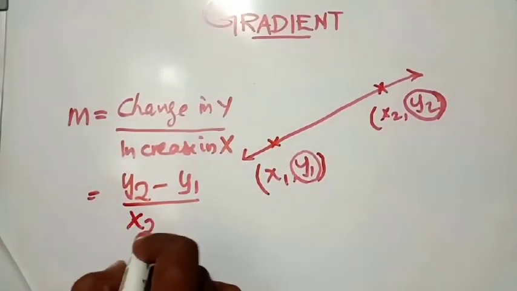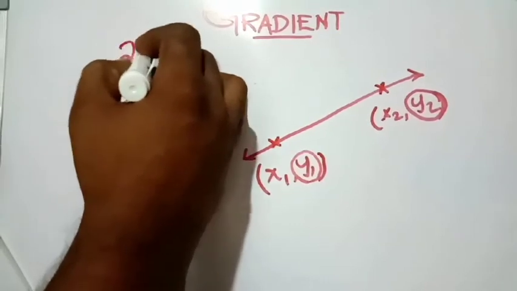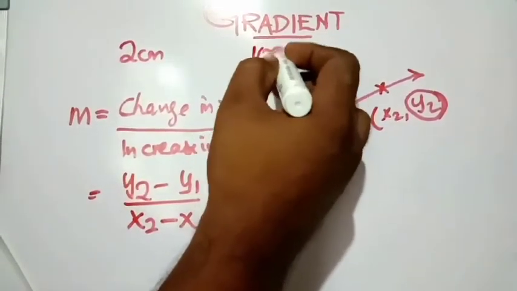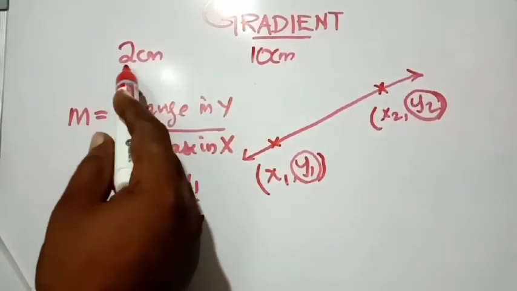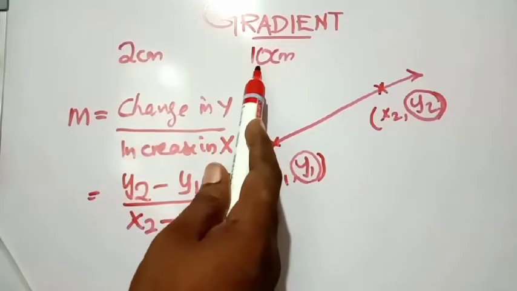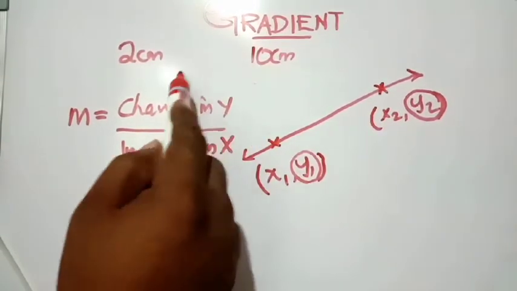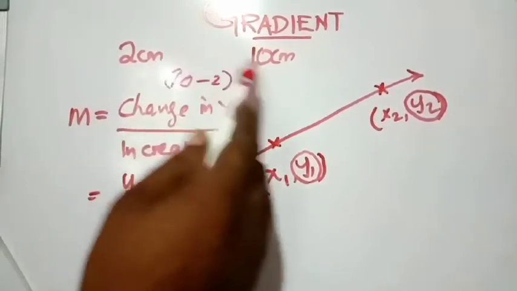x2 minus x1. Suppose we have a 2 centimeter line. Now it is increased to 10 centimeter. What is the increase in the line? The first line is 2 centimeter and the second line is 10 centimeter. So what is the increase in this line? It is 8 centimeter. Now how do you get it? 10 minus 2, which is the same as change.